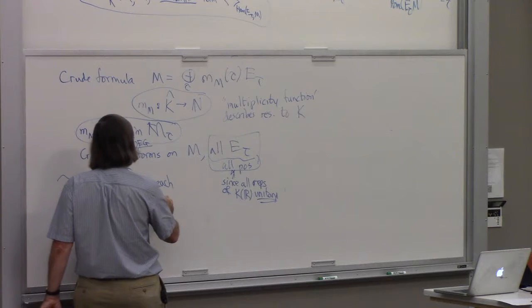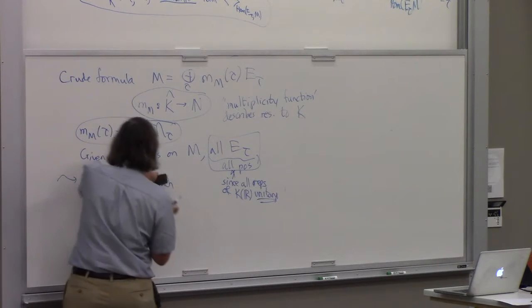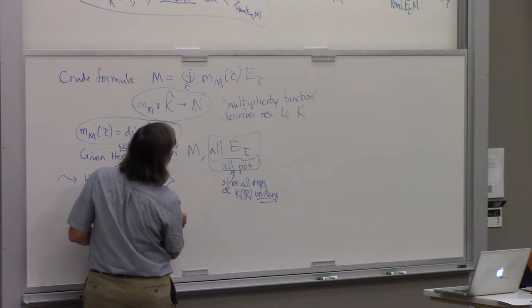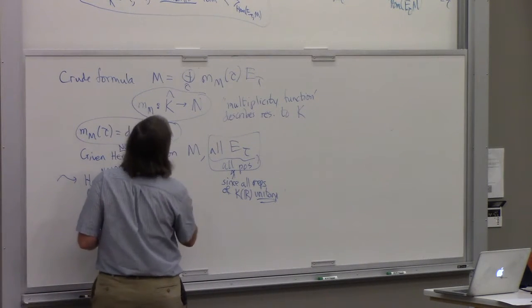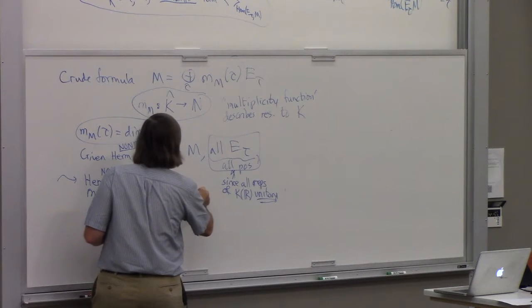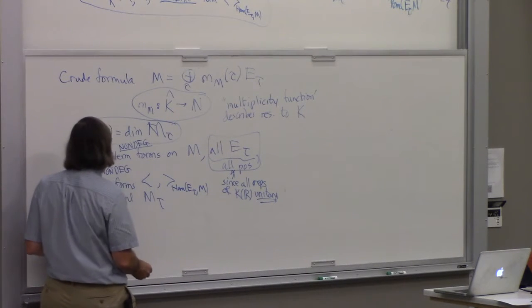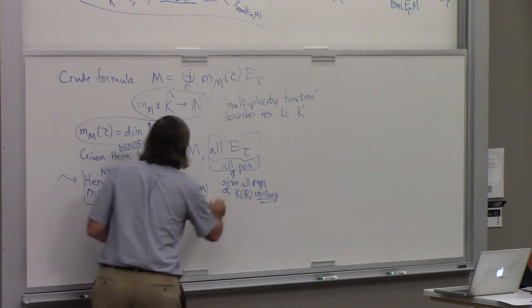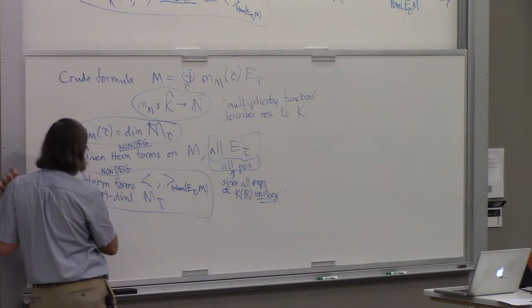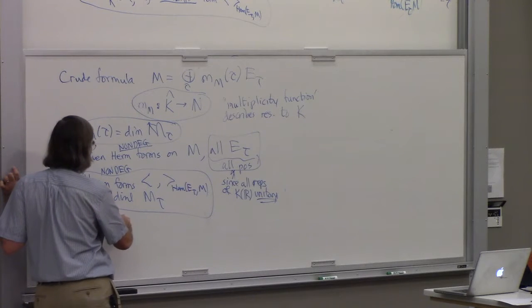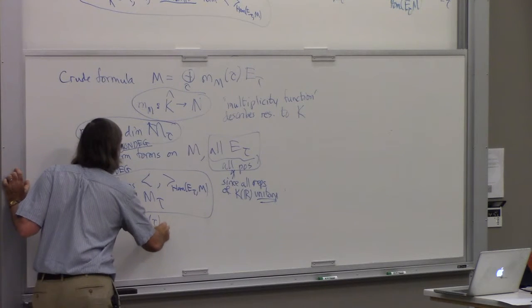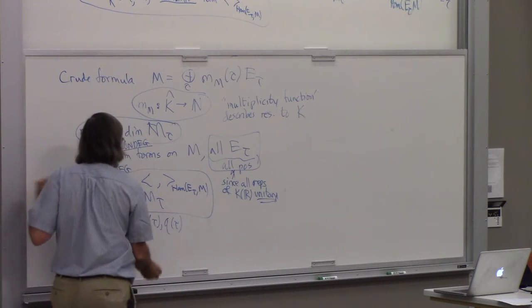And so this form has a signature, P of tau, Q of tau.